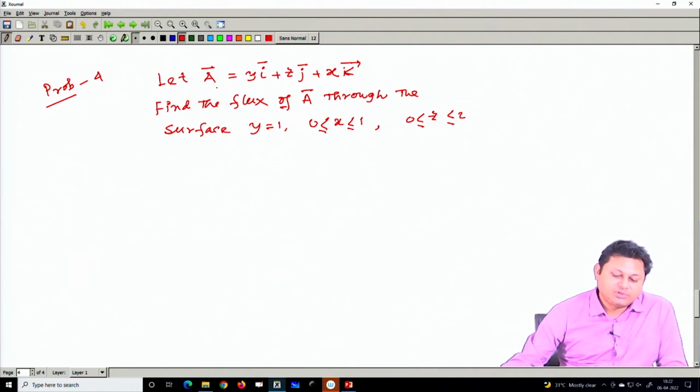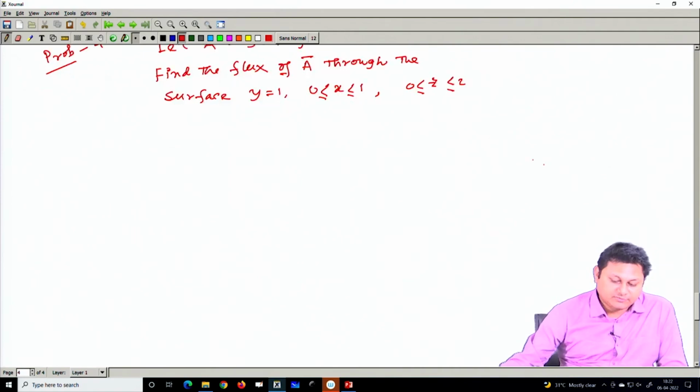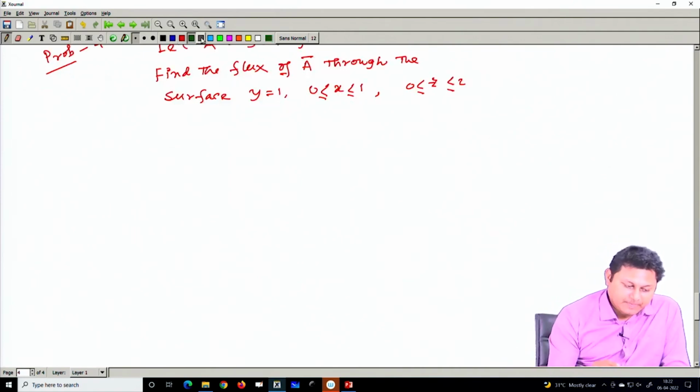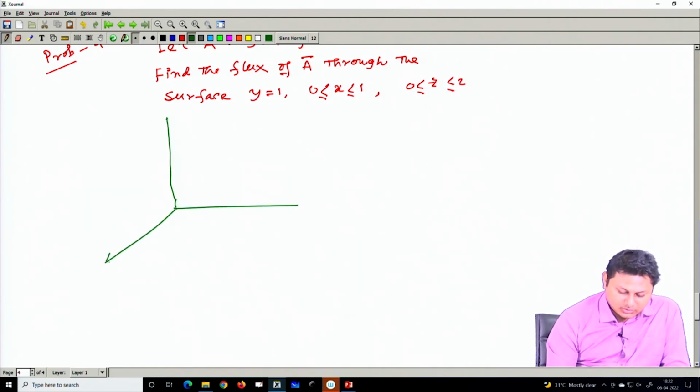Flux is nothing but the surface integral of this vector field A, but before that we first need to find out the surface through which we calculate this surface integral. This is my coordinate system: this is x, this is y and this is z.